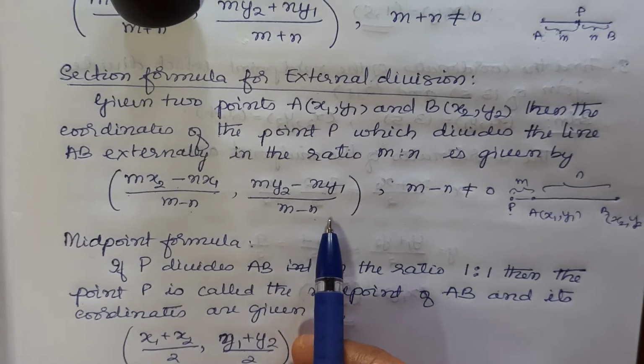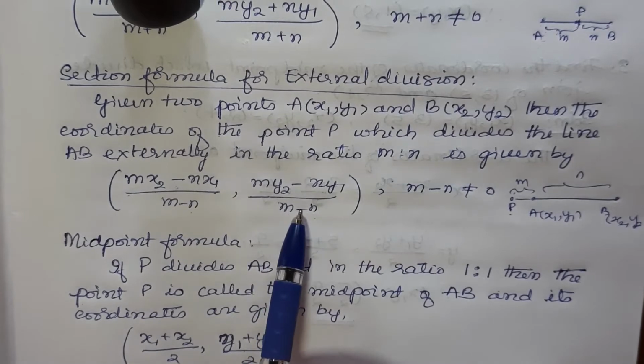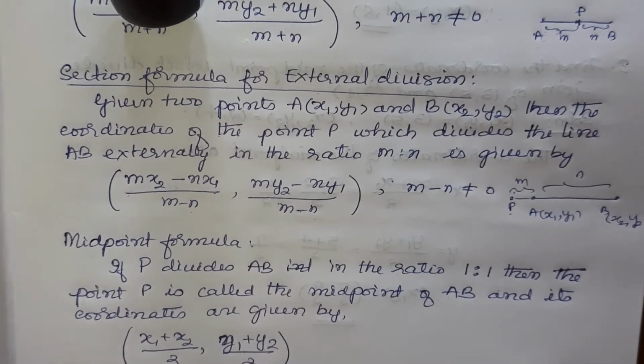This formula is the same as for internal division, but there is a minus sign in the numerator and the denominator of both the points.